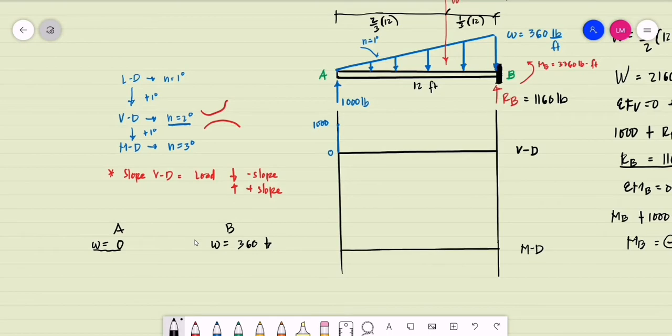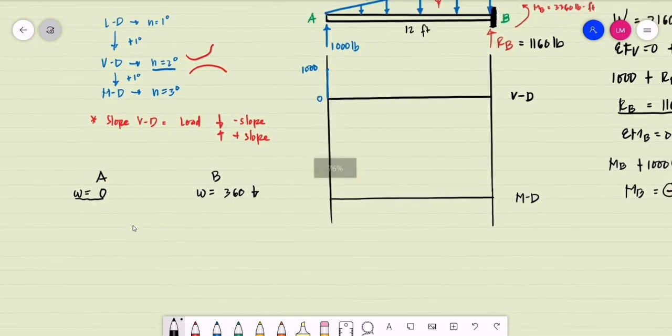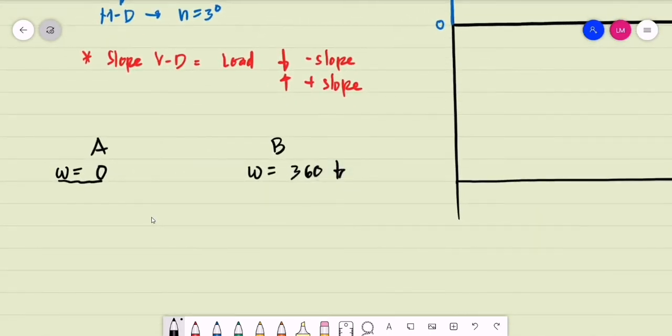Okay, at point A, what is the appearance of a line with a 0 slope? The appearance of a line with a 0 slope is basically a horizontal line. Let's say that is the tangent line at point A. Then at point B, we have a 360 downward. We assume that to be a negative slope. The appearance of a line with a negative slope is downward to the right.